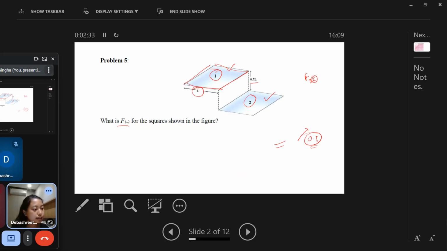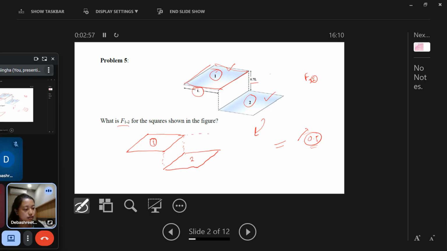So our system was like this. We can extend this figure in such a way. This is one, this is two.